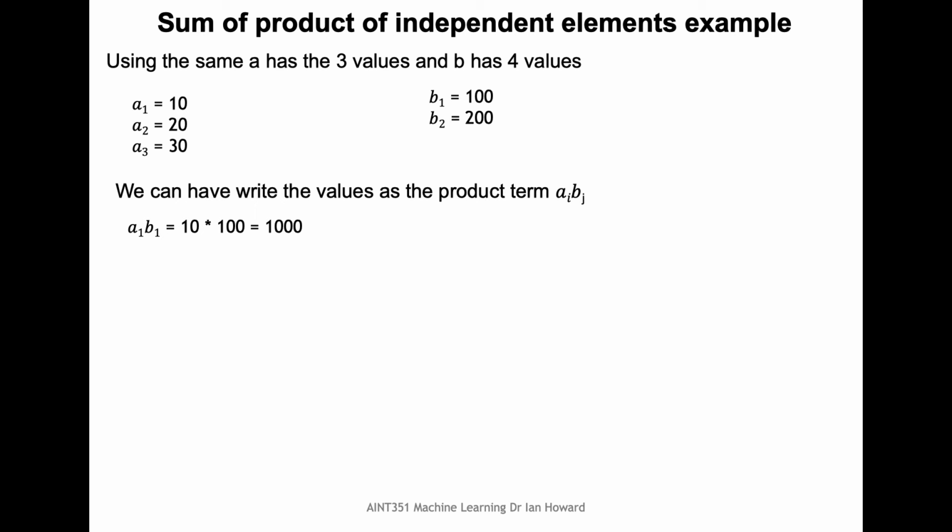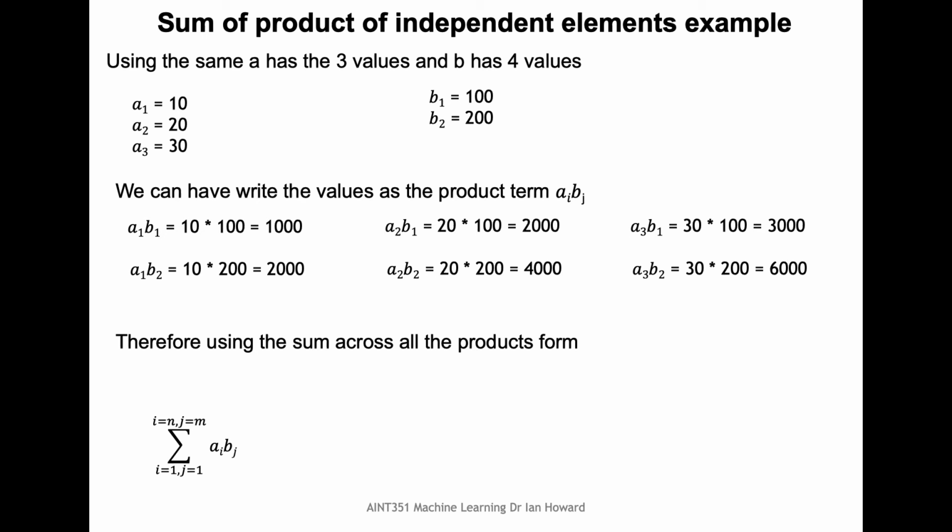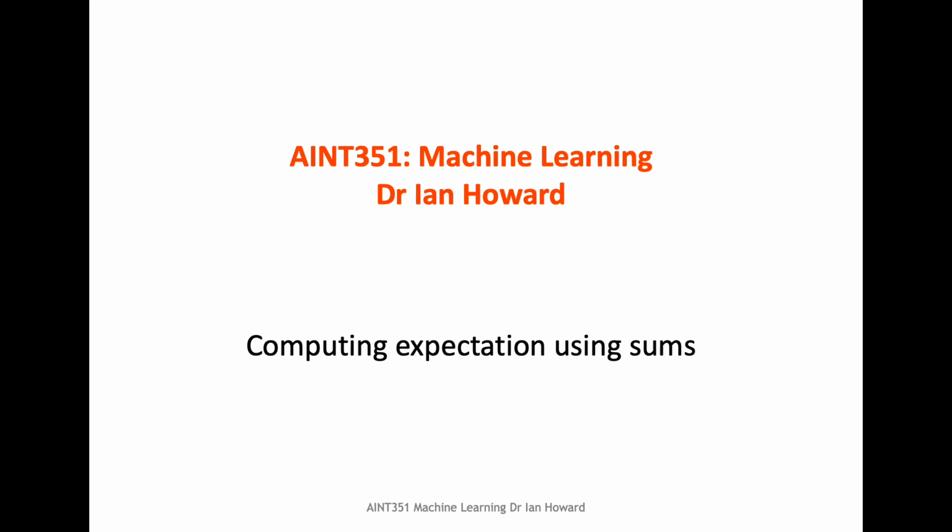So let's find out what all the product terms are. It's A1 times B1, which is 10 times 100, plus A2 times B1, which is 20 times 100, which is 2,000, A3 times B1, 30 times 100, which is 3,000, and then we go through the same again with B2: A1 B2, A2 B2, A3 B2. All we do then is sum up all of those, in this case 6 values, and of course we get exactly the same result. It's just that we've done it in a slightly different way.